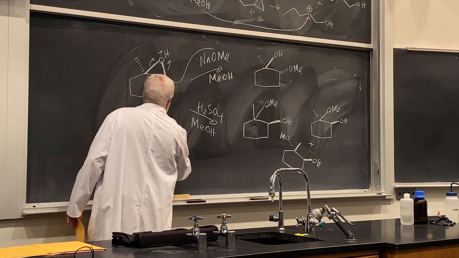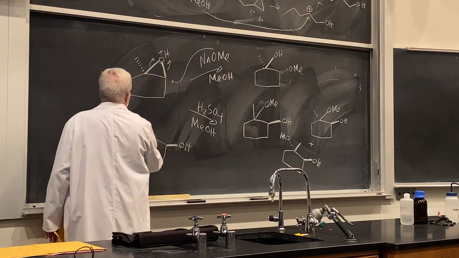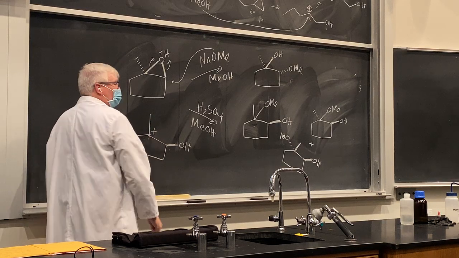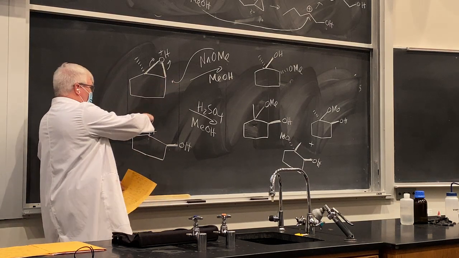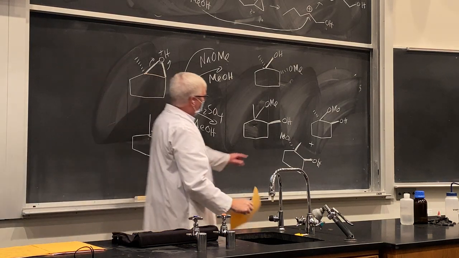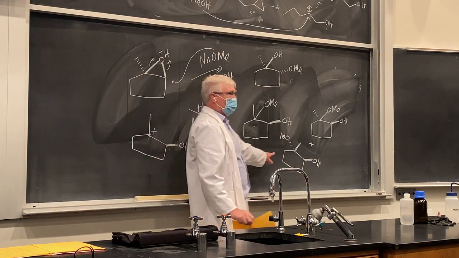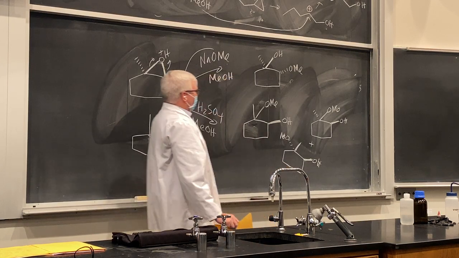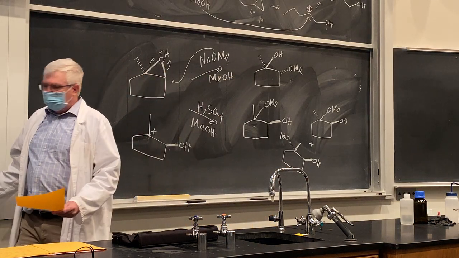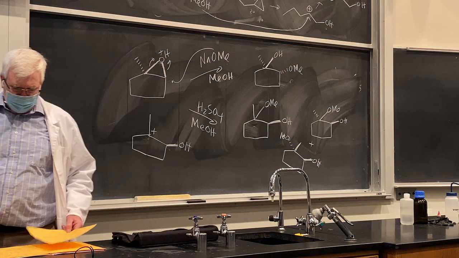And when it opens up, you see that stereocenter is the same, but then this one, see, it's flat. So methanol can attack from the top and give this one, or it can attack from the bottom and give this one, okay? So yeah, we'll review that, and we'll review a bunch of reactions on Monday.